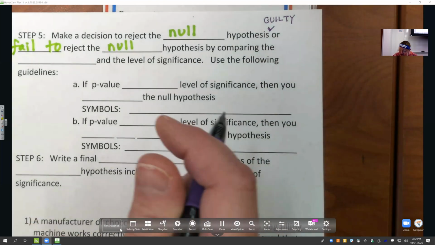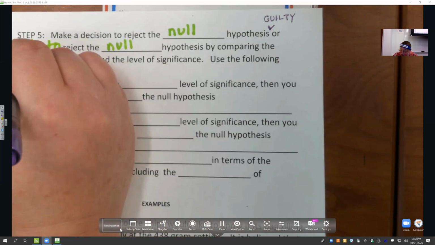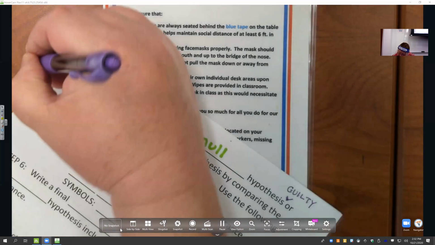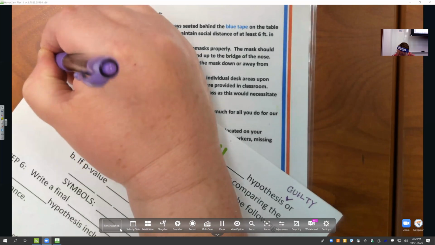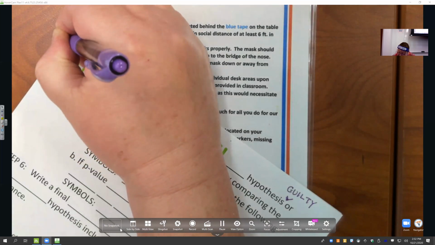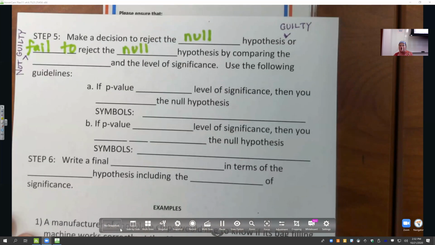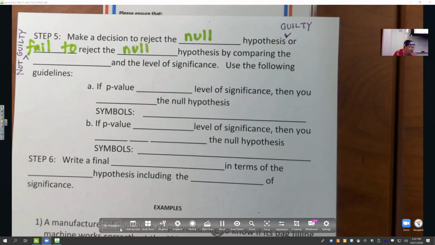Fail to reject the null hypothesis would be not guilty. But guys, notice those words. Even in a court case, we talk about a person being guilty or not guilty. We don't say guilty or innocent.